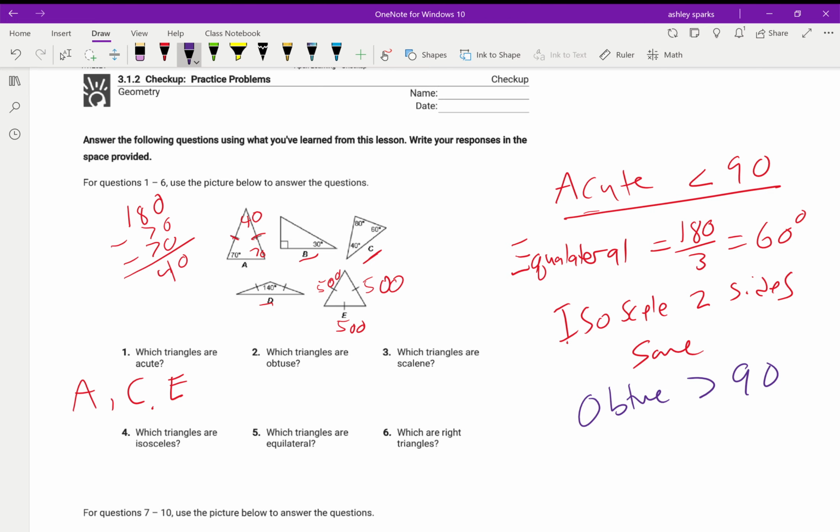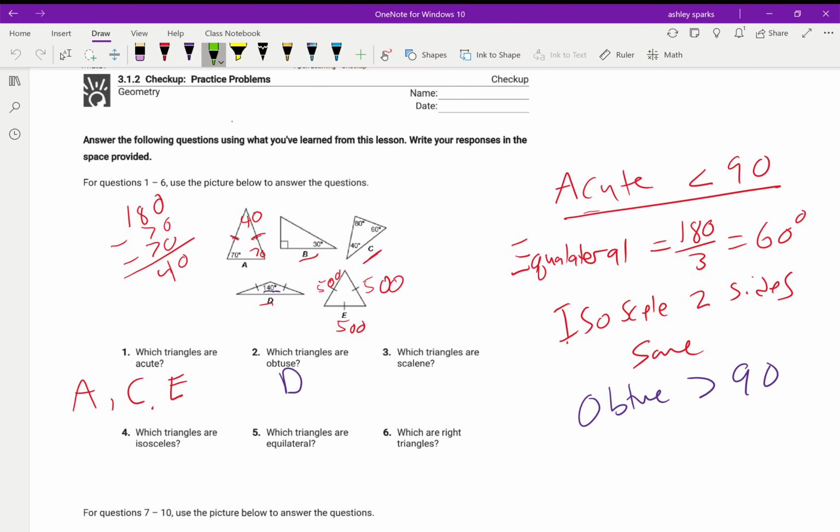None of those are greater than 90. B has a right angle, but it has no angle that's bigger than that 90 degrees. So this one cannot be an obtuse triangle. The last one we have here, D, that 140 is bigger than 90, so D would be my obtuse triangle.